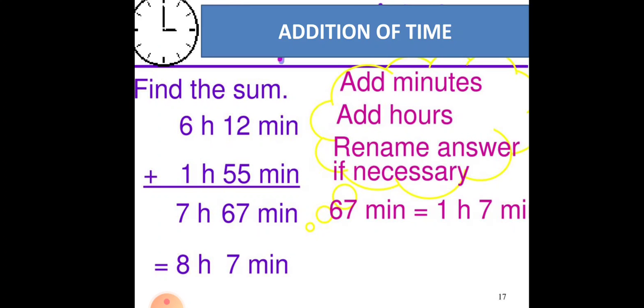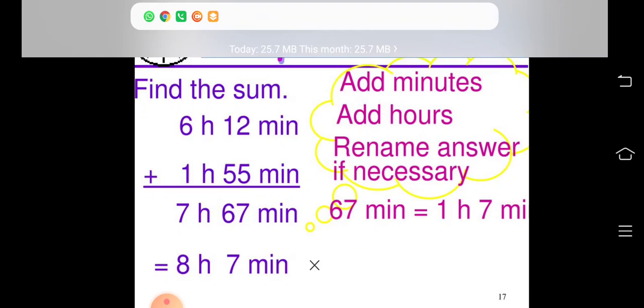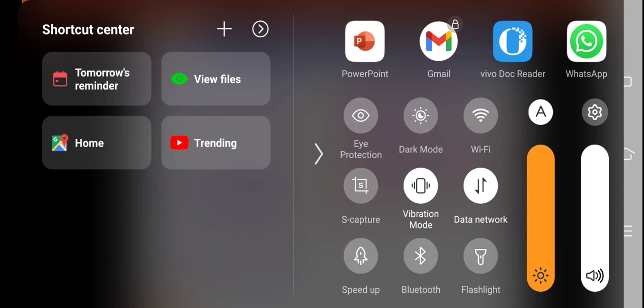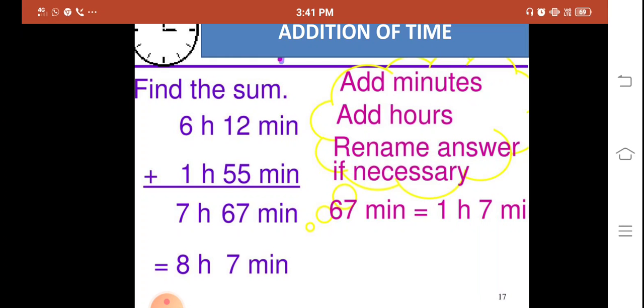Addition of time. Find the sum. 6 hours 12 minutes plus 1 hour 55 minutes. That means add minutes and hours. If you see, 6 hours 12 minutes is plus 1 hour 55 minutes.